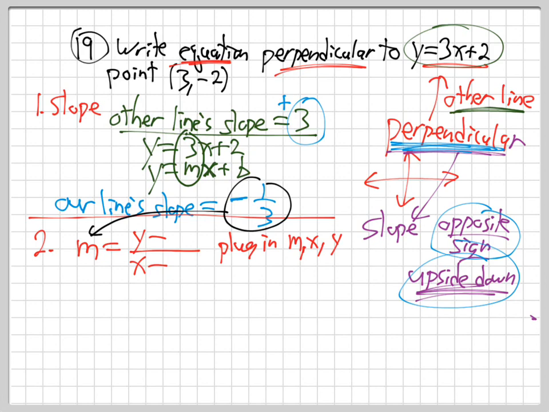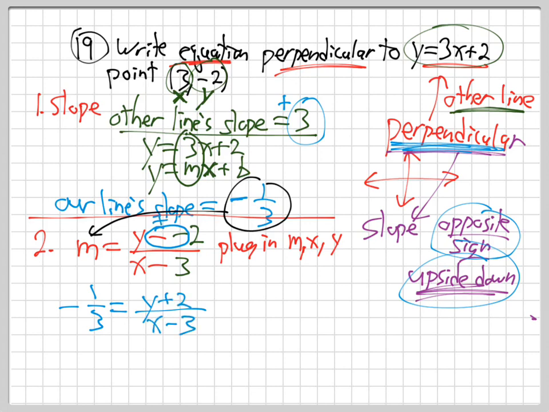Yeah, right up here. They gave me an x right here. They gave me a y right here. So I'm going to plug in the 3 and the negative 2, the x and the y from the point they gave me. So now, negative 1/3 is y, double negative here, plus 2 over x minus 3.